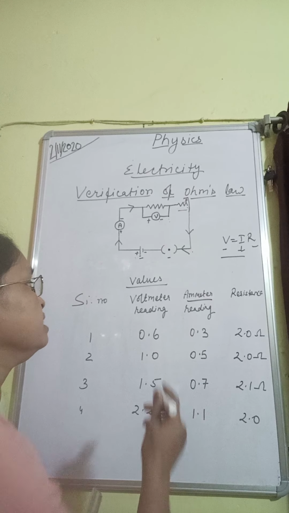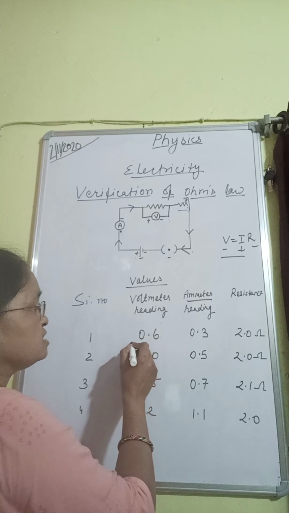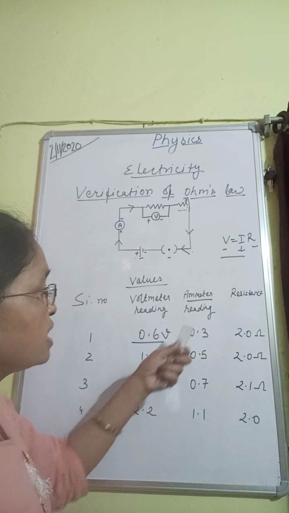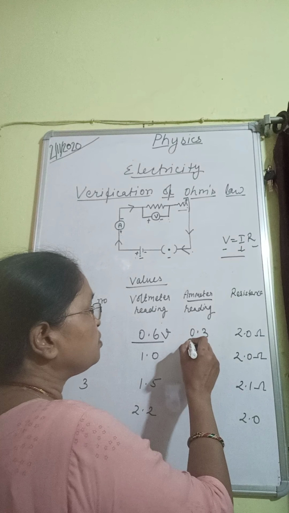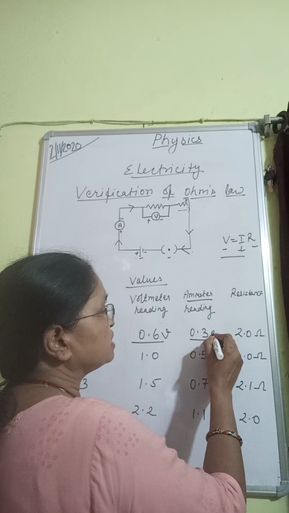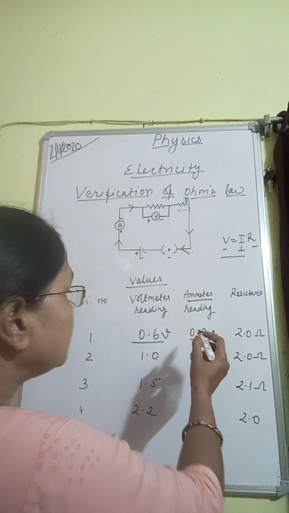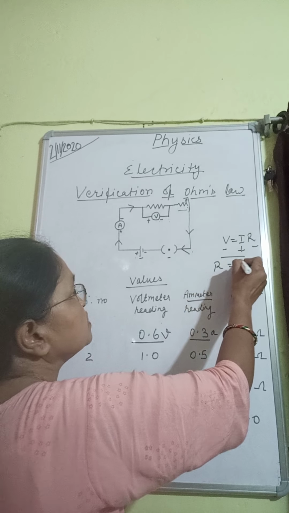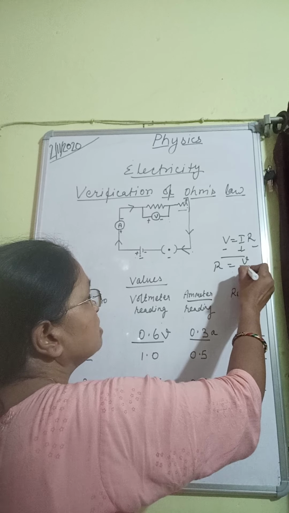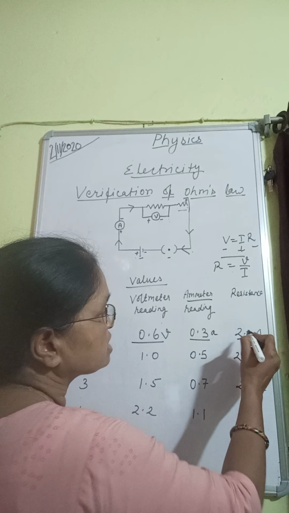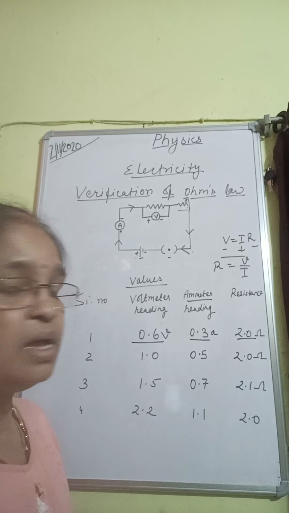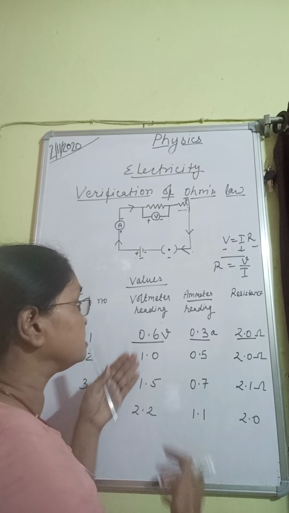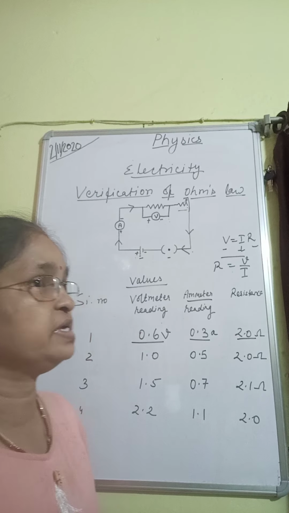If we take the voltmeter reading as 0.6 volt, the current we have got is 0.3 ampere. And when you calculate the resistance, R is equal to V by I, you will get the resistance as 2 ohm.